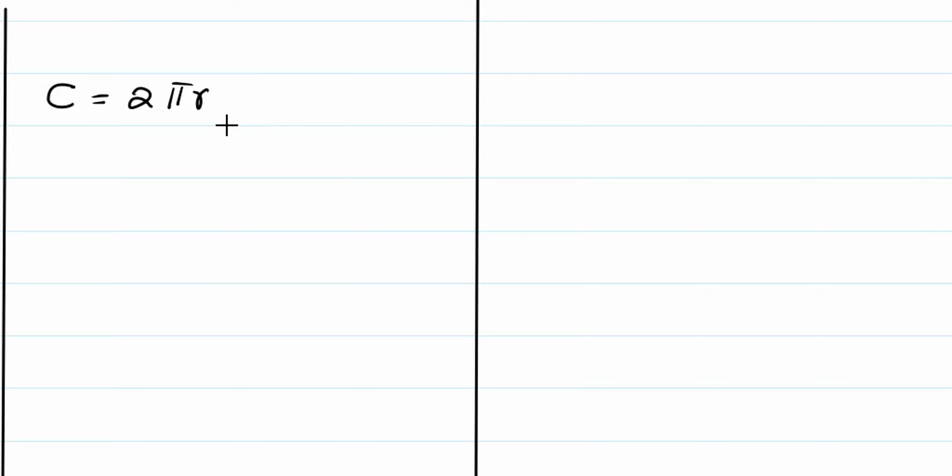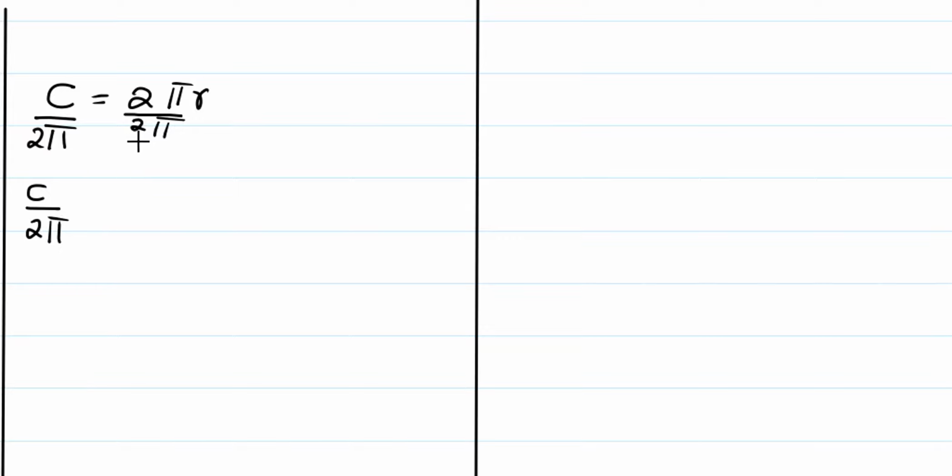As usual, what we need to do is to make sure that R, because it's the one we are making the subject of the formula, remains on one side of the equal sign alone. To do so in this case, I have 2 pi R, and then I have this C. So I can divide both sides by 2 pi, so that I eliminate this 2 pi from this side, and on this side it becomes C all over 2 pi.